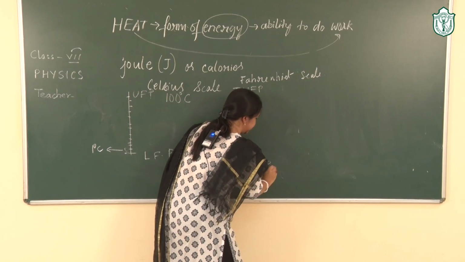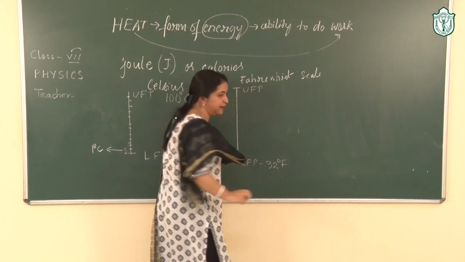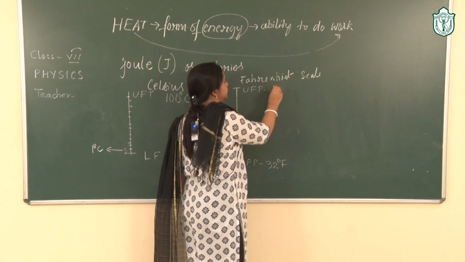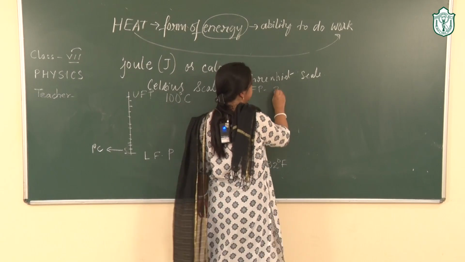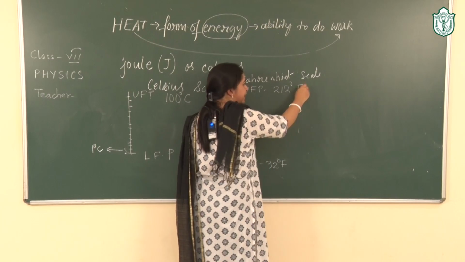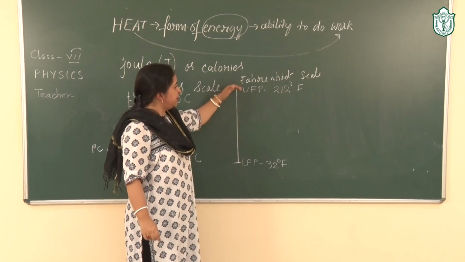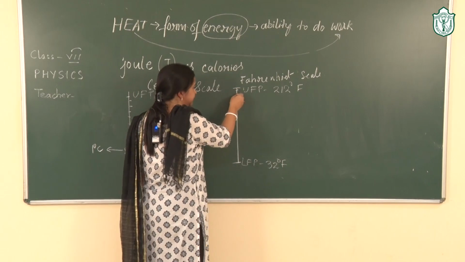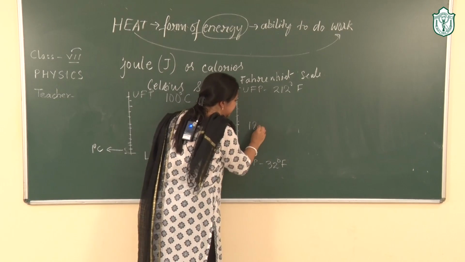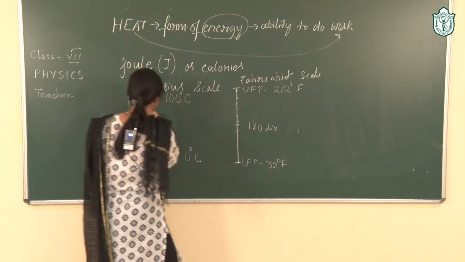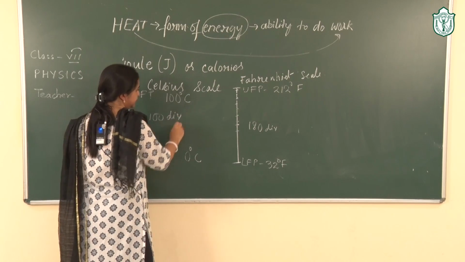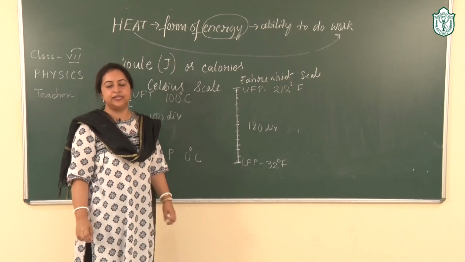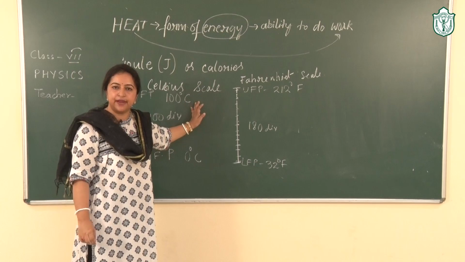The lower fixed point is taken as 32 degree Fahrenheit, which corresponds to the melting point of ice, and the upper fixed point, which corresponds to the boiling point of water, is taken as 212 degree Fahrenheit. The number of divisions between the lower fixed point and the upper fixed point, 180 divisions are made, and here each division corresponds to a temperature of 1 degree Fahrenheit.